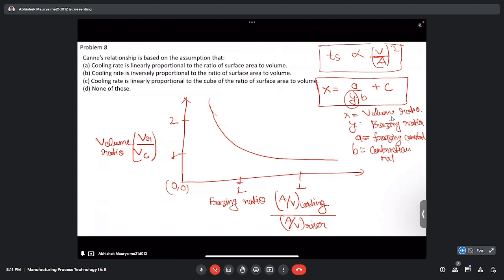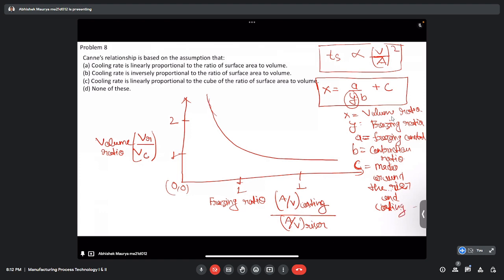And c is also a constant, but it depends on the kind of medium surrounding the riser and the casting.